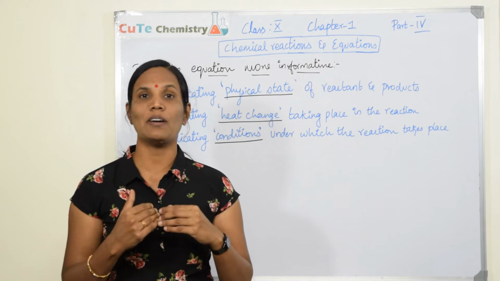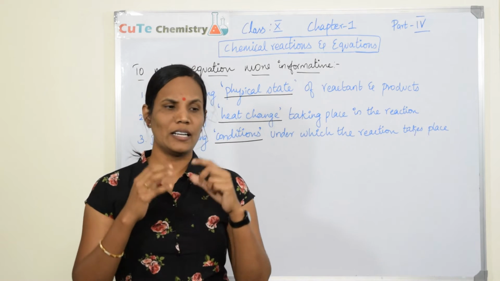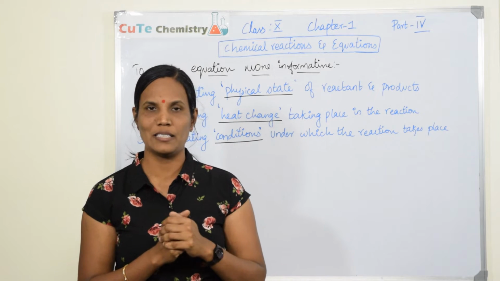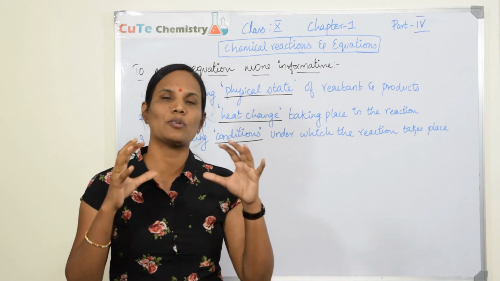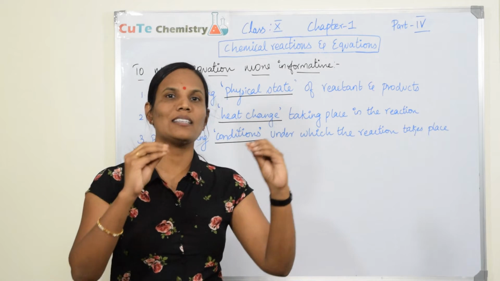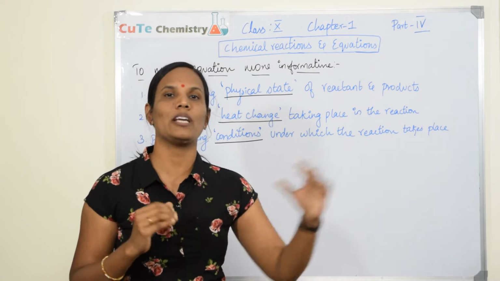Another one needs some particular condition so that the reaction can take place. All this we have to keep in a chemical reaction. When you add this information to a chemical reaction, then the equation will be more informative.